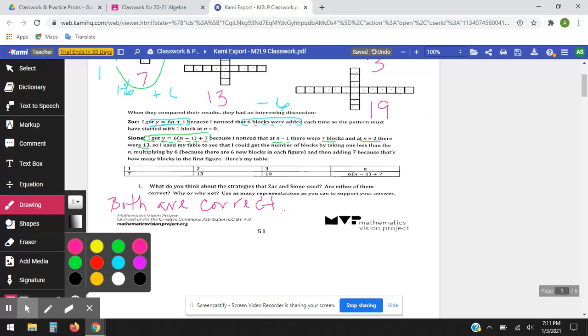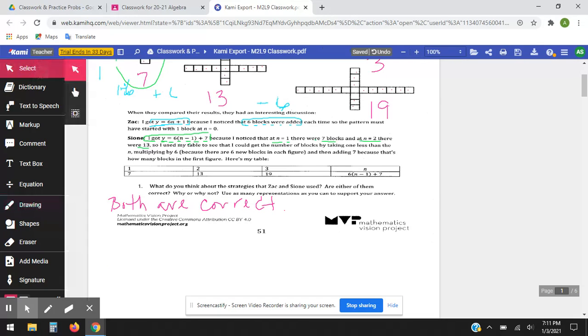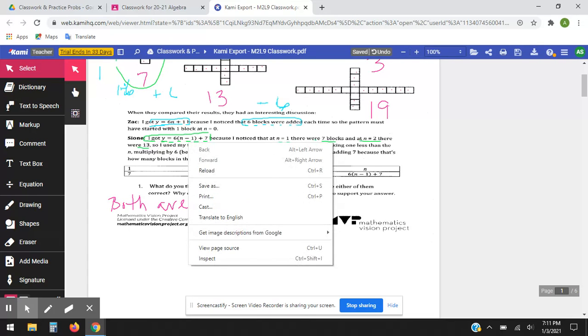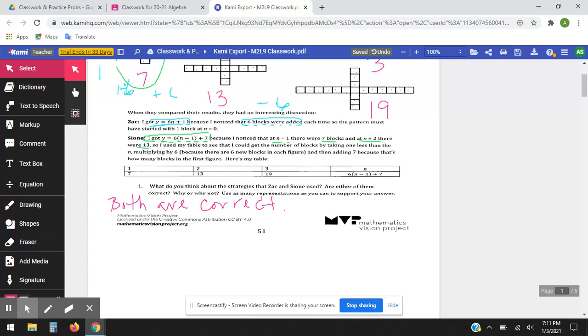Because Zach used the zero term and said there would be 1 to start with, and we're repeating 6 over and over. And Sion is saying, well, no, I'm using the first term. I'm repeating 6 over and over, and I started with 7. So if you would simplify 6 times n minus 1 plus 7, it would still get us the 6n plus 1. So if we simplified, they both would be the same.